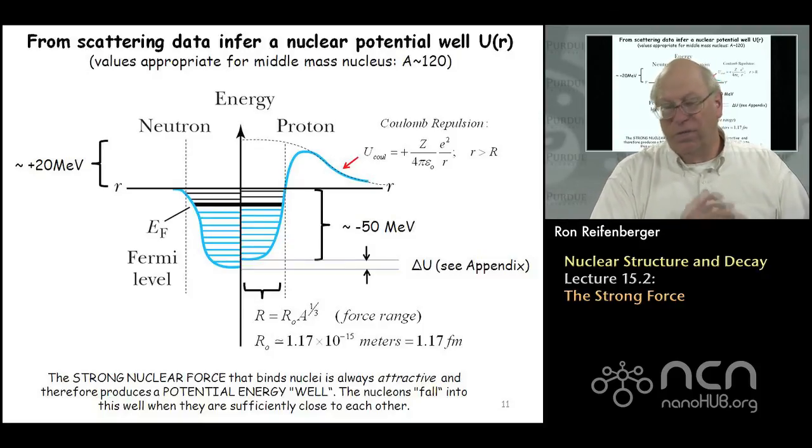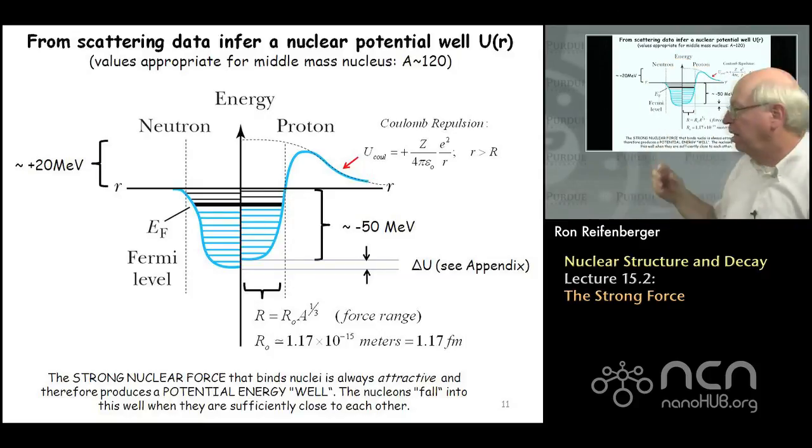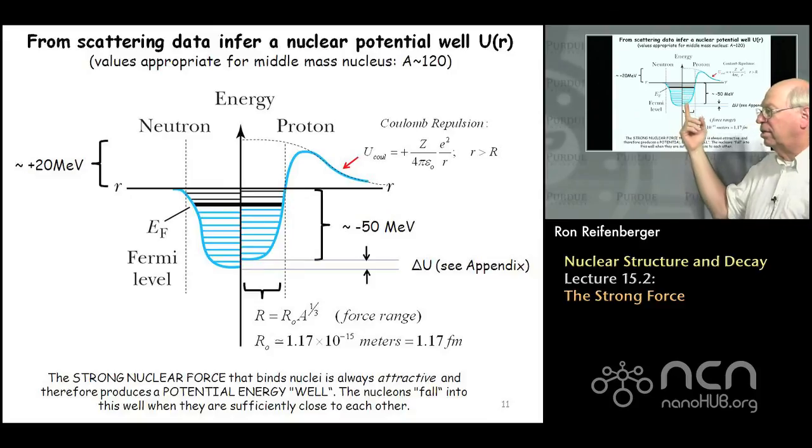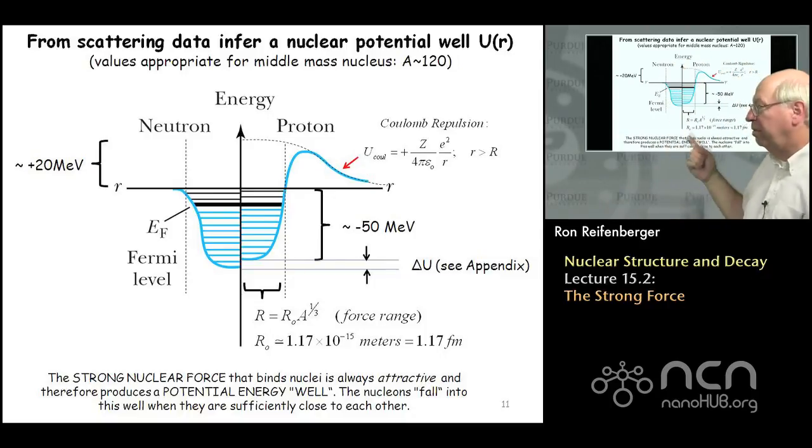And this is the current understanding of nucleon states in a nucleus: the allowed energies for these different quantum levels that develop when you trap a nucleon in a region of space given by this parameter R.